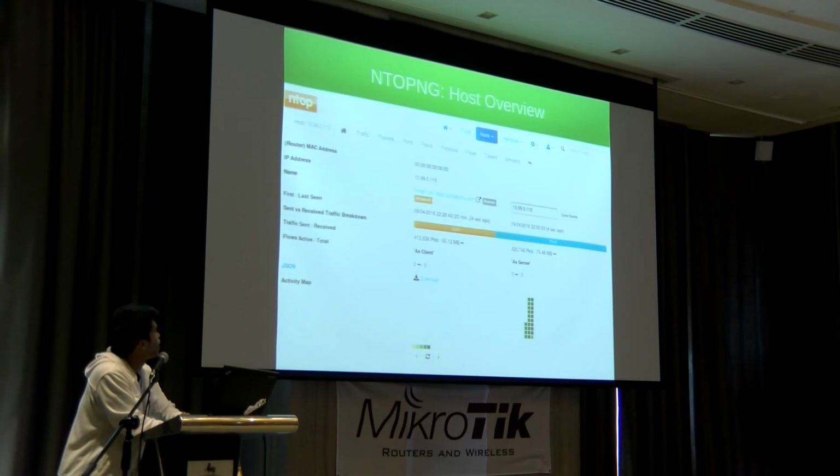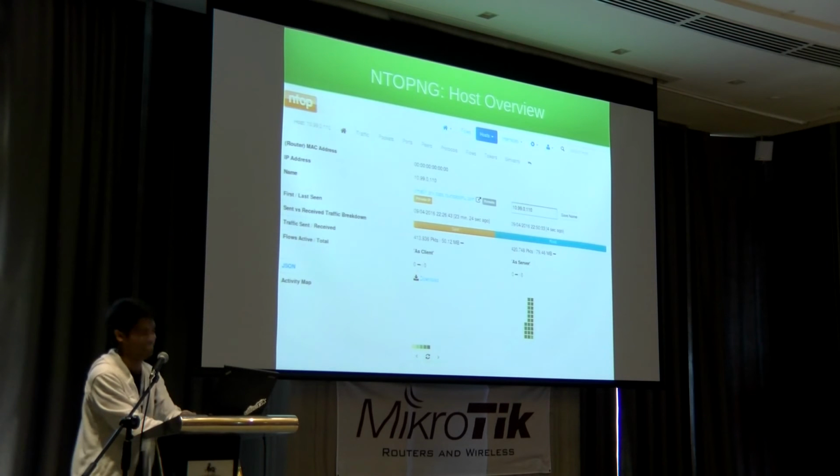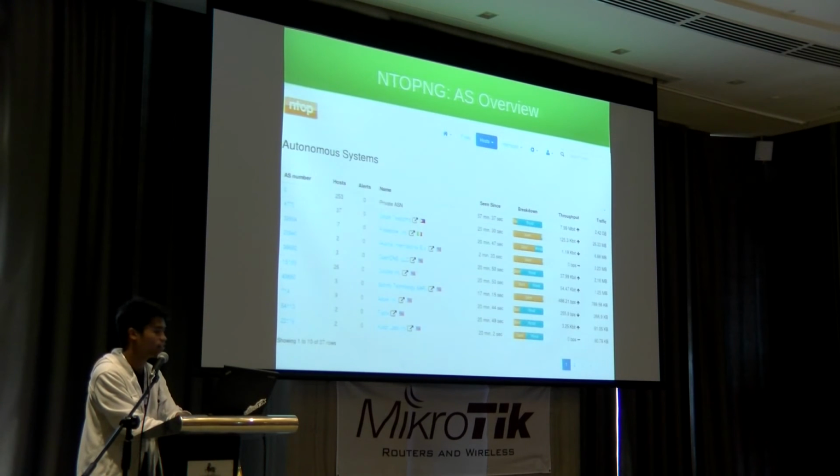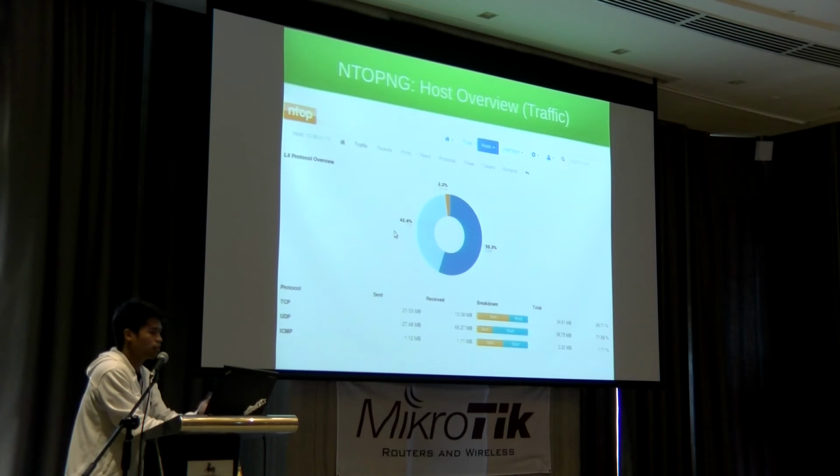And also here at the host overview of our monitoring system, another is OMD, and here you can also see the autonomous system, the AS number, the host, and the name of the autonomous system number. This is the traffic graph overview of a host, and then the protocols that are usually being used.